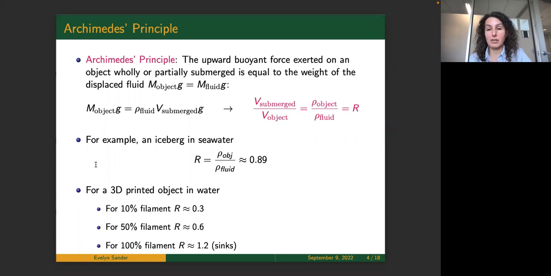So we can't get to the very, very lowest possibilities, but we can get all the way to anything that doesn't even float anymore. So we have a fair amount of leeway to be able to work with these things. And in fact, the way in which an object floats is actually dependent on this R value.